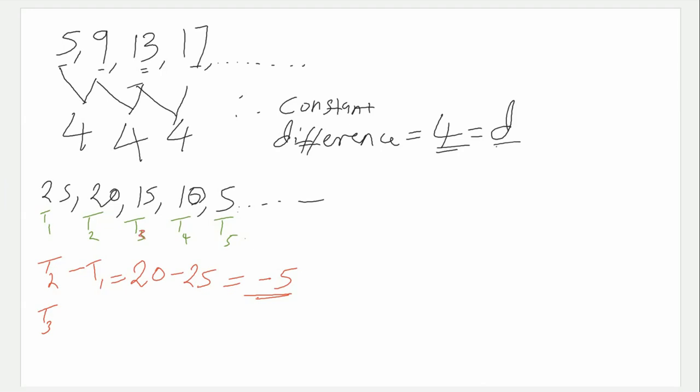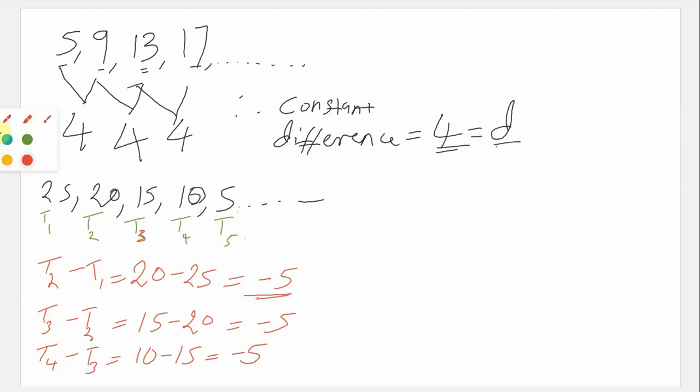T3 minus T2, which is 15 minus 20, will still give you negative 5. T4 minus T3, which is 10 minus 15, is negative 5.